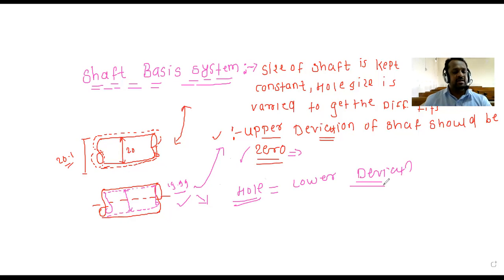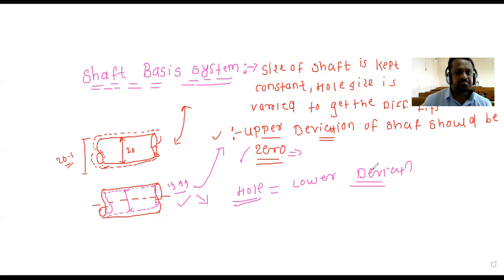Once again, in the hole basis system, the size of the hole is kept constant and the shaft size is varied to get the different fits, and the lower deviation should be 0. In the shaft basis system, the size of the shaft is kept constant and the hole size we can vary to achieve the different fits. The upper deviation should be 0 and the lower deviation is allowed.